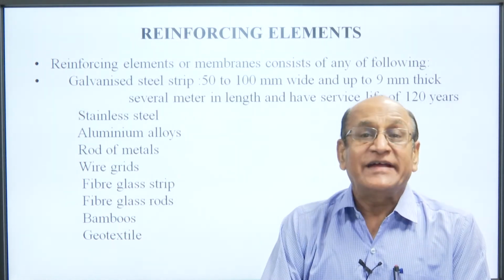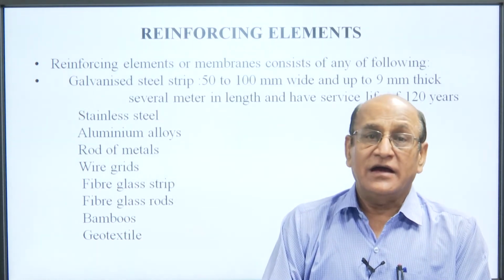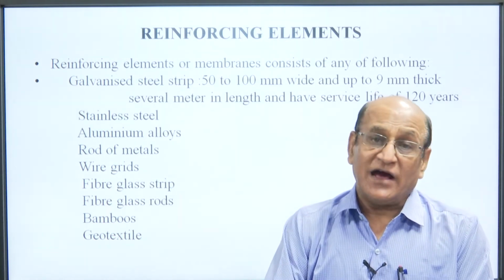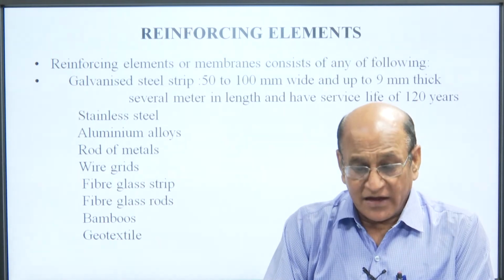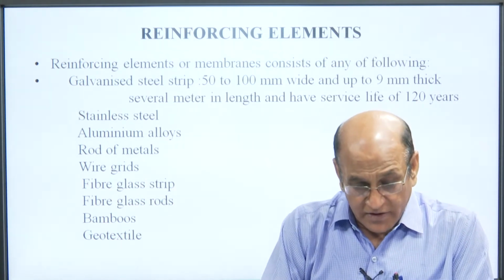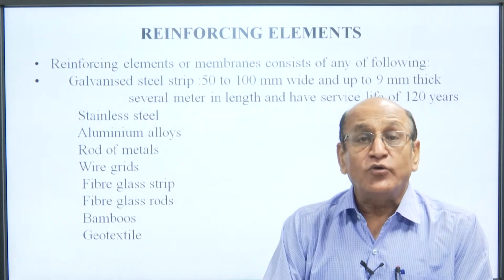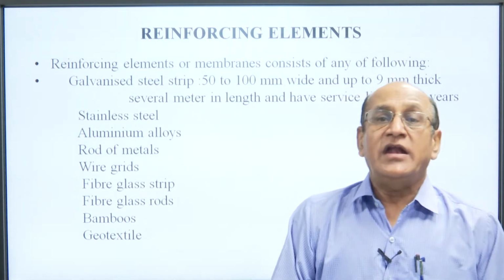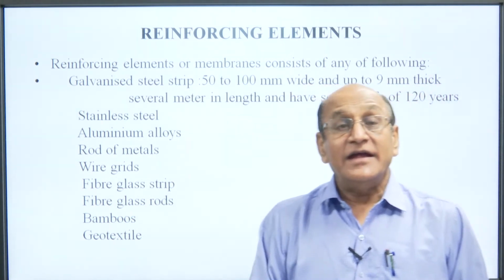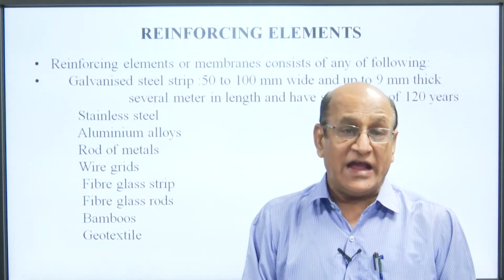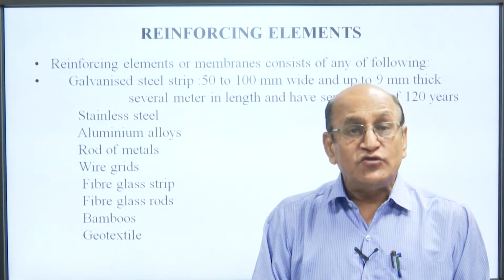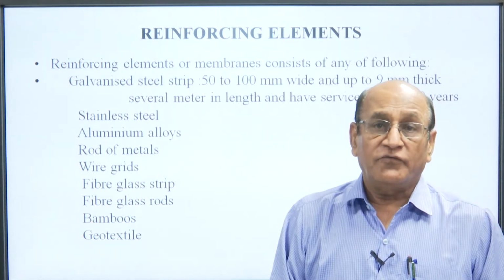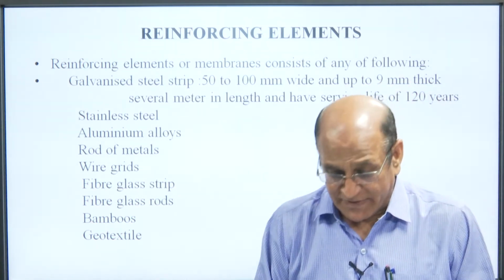Then wire grids are also used as a reinforcing element. Fiber glass strips are also used. Then bamboo and geotextile. Bamboo is a naturally available material and can also be used as a reinforcing element. Geotextile is a modern material which is used as a reinforcing element.